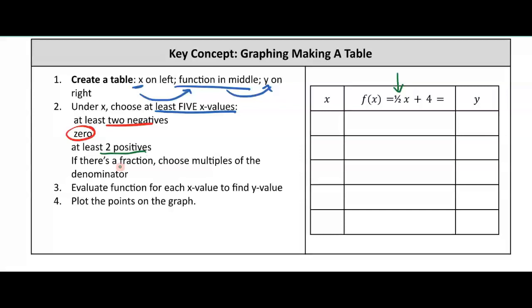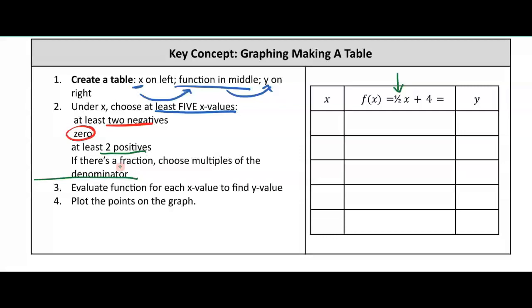So a way to get around that is to choose multiples of the denominator for our x values, so that when I multiply times the fraction, the multiple cancels and leaves me whole numbers.